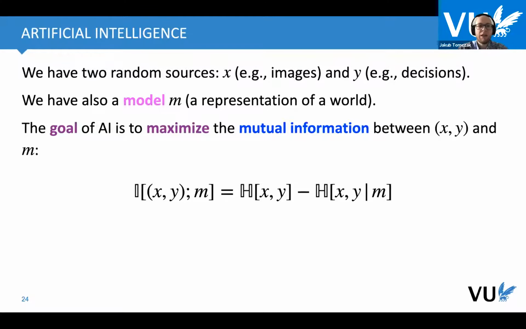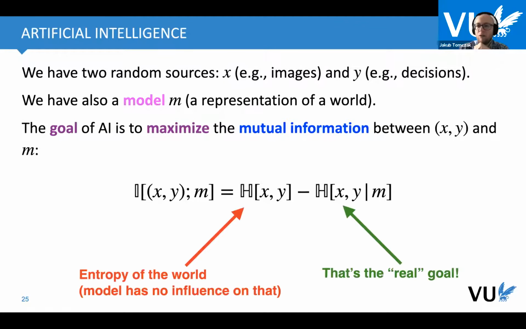And why? Because if we say that actually what the agent wants to do is to maximize mutual information, it says that we have this part, this entropy of the world, and the model has no influence on that. It happens. It's almost like, you know, Buddhism. Just don't care about the outside world. Focus on yourself.